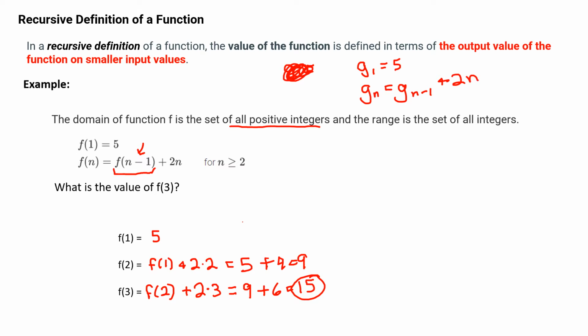So that's exactly the same thing. It's just that in this section we're writing it in function notation instead of sequence notation. Other than that, you're doing the very same thing.